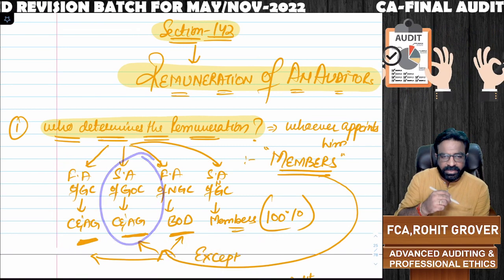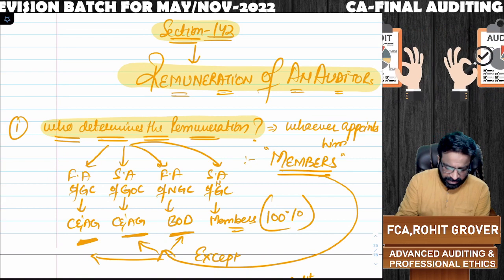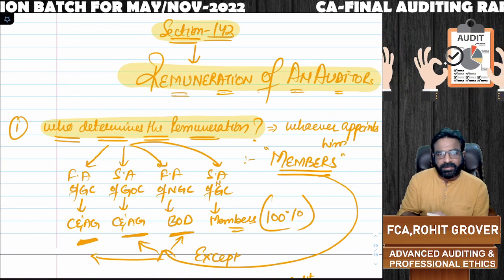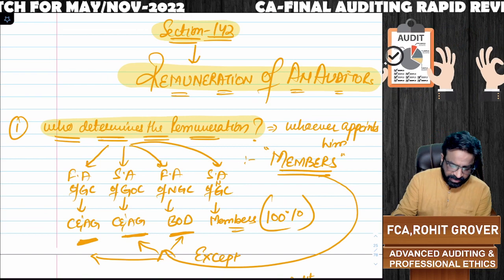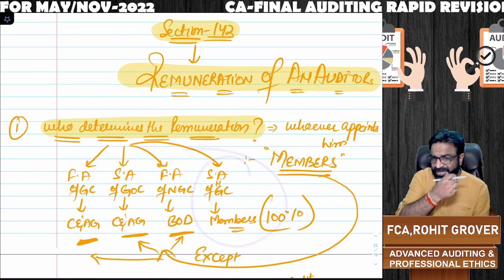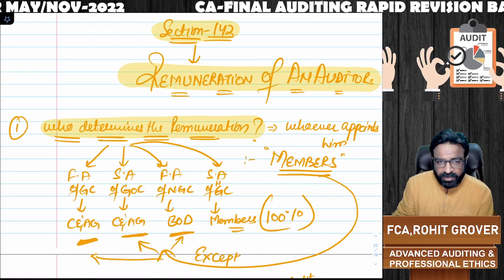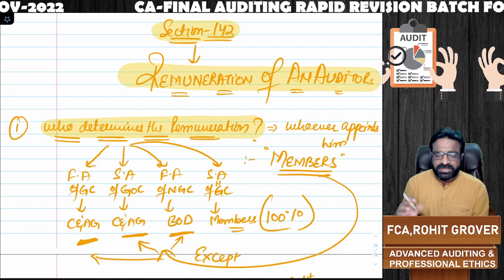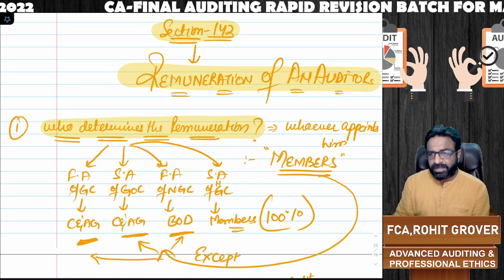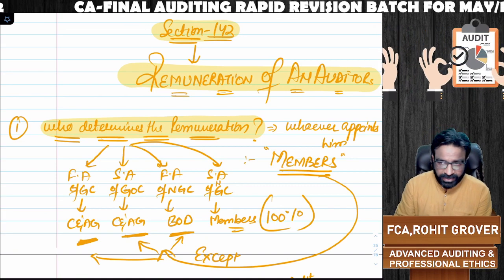For a subsequent audit of a government company, it will also be determined by the C&AG. The first auditor of a non-government company is appointed by the board of directors, so the board determines the remuneration. Generally, in all other cases, members in the AGM determine your remuneration. So who determines it? In most cases, members determine your remuneration in the AGM where you have been appointed.